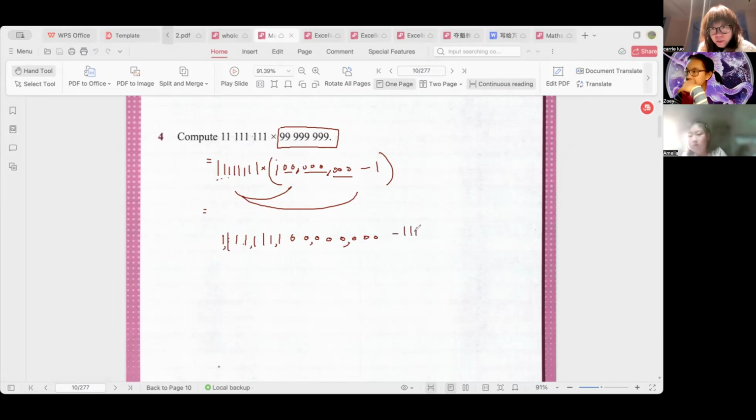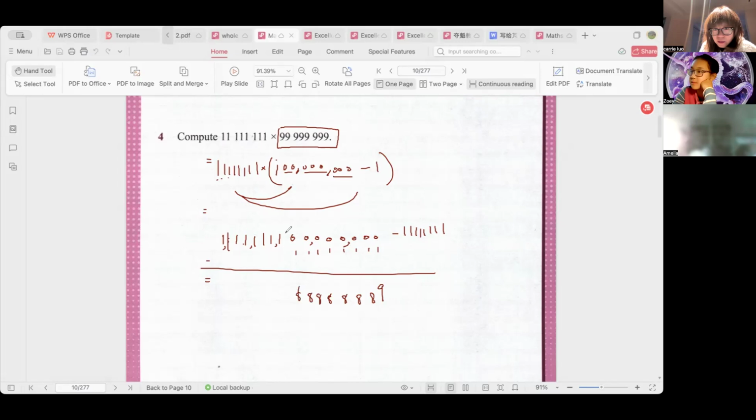And minus 8 ones. Get it? Okay, so every time we minus it, we just put 1, 1, 1, 1, 1, 1, 1, 1 here and minus it. So you know it's 9, 8, 8, 8, 8, 8, 8, 8, 0, 1, 1, 1, 1, 1, 1, 1. Get it?